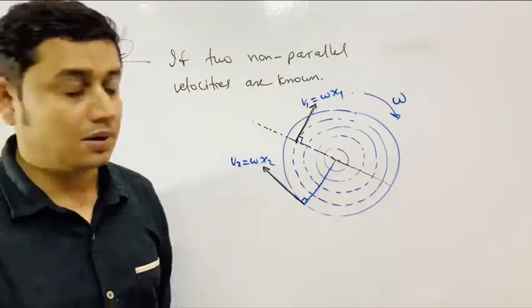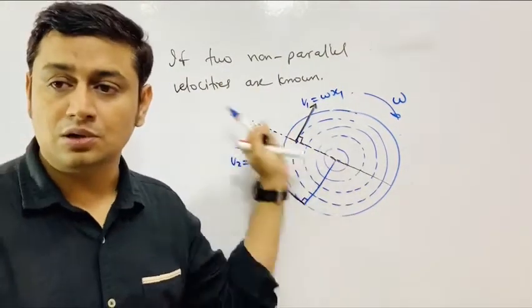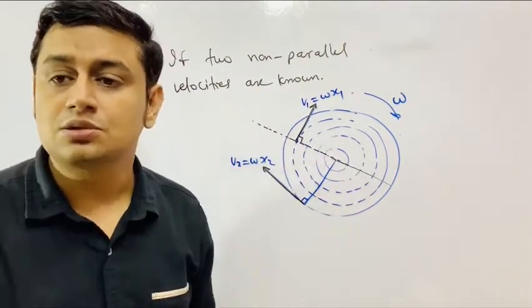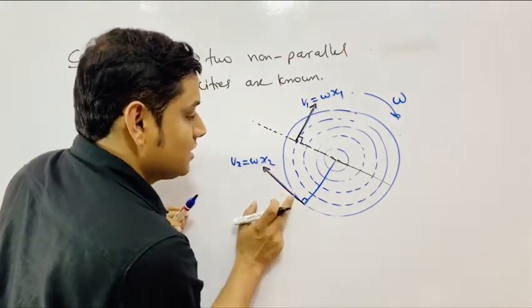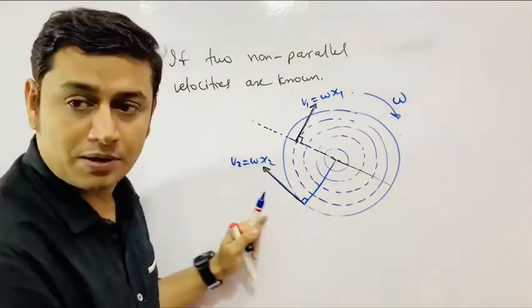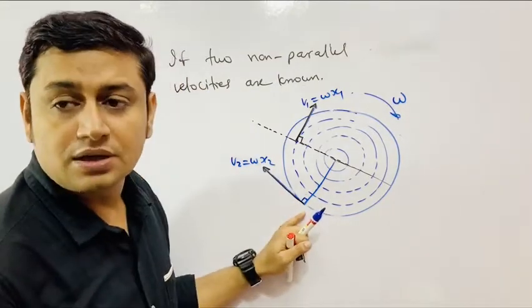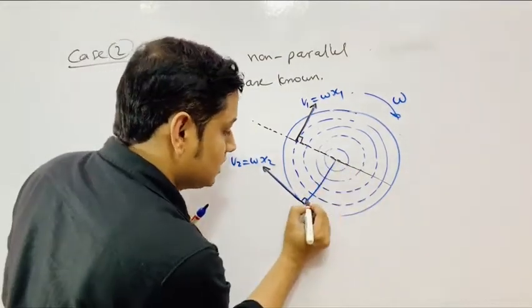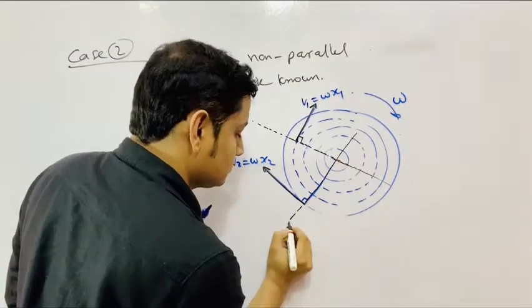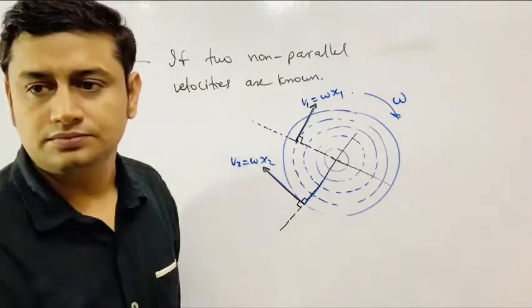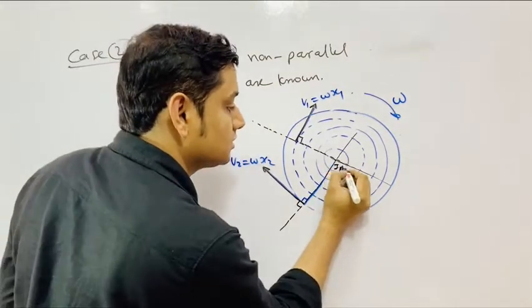It should pass, because the velocity is perpendicular to the radius, so it passes through the center. Similarly, if I drop a perpendicular at the tail of this velocity vector, it should also pass through the center. This is the instantaneous axis.